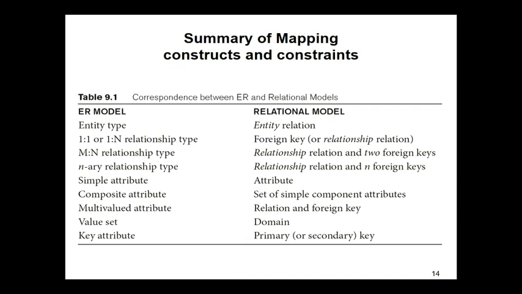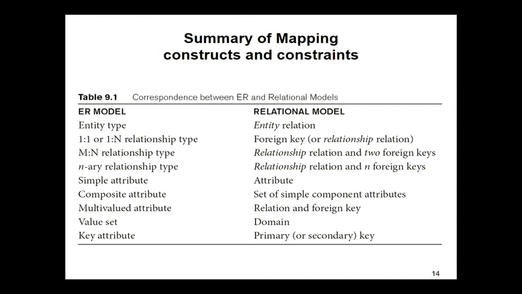Okay. And when we had a many-to-many, we created a new relation, and it had a minimum of 2 foreign keys. So why is it a minimum of 2? Because the primary keys in the tables could be composite keys.